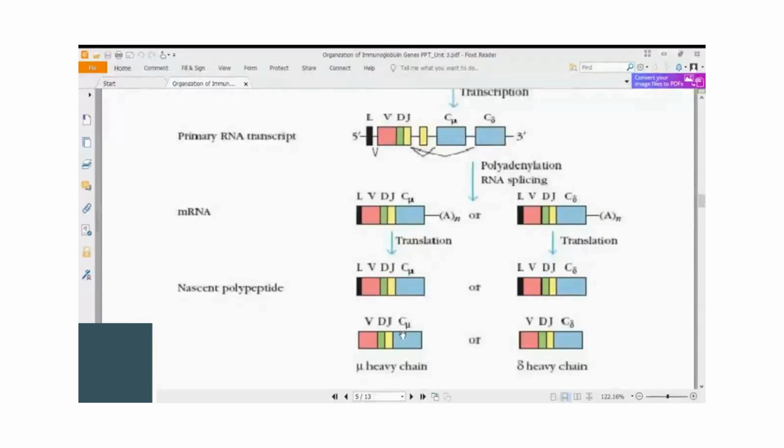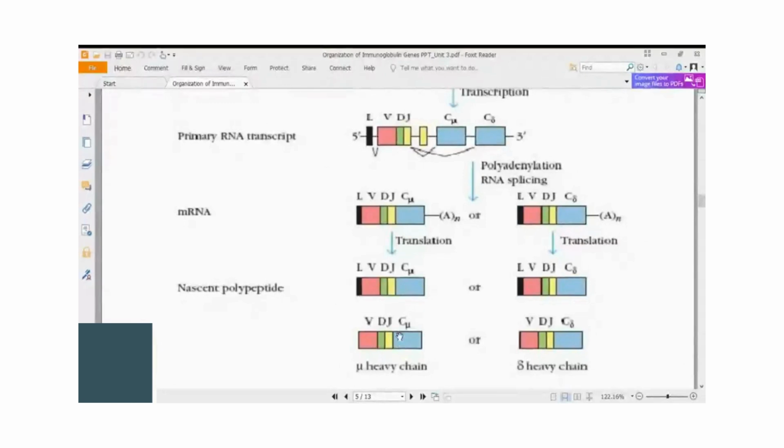The antigen has to bind to the Fab site of the receptor. So when the final product protein is produced, the leader sequence is lost. Leader sequence is meant only to direct the recombination in the 5' to 3' direction. Once all those recombinations, splicing, everything has taken place, the leader sequence function is over. It is to be lost in the final product of the protein. In the final product of the protein, it is removed.